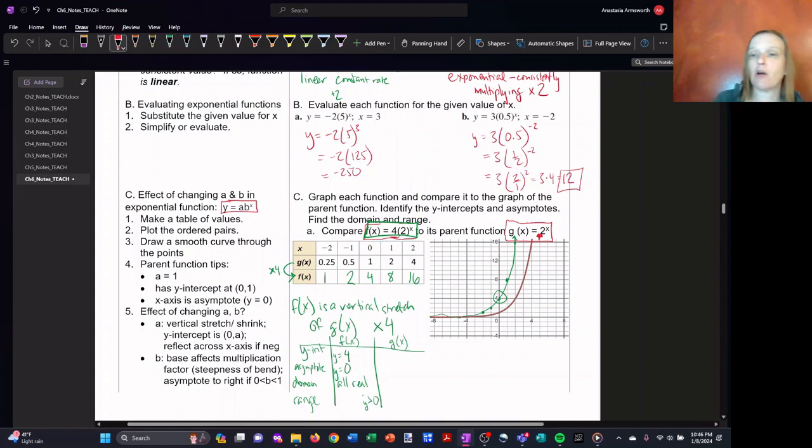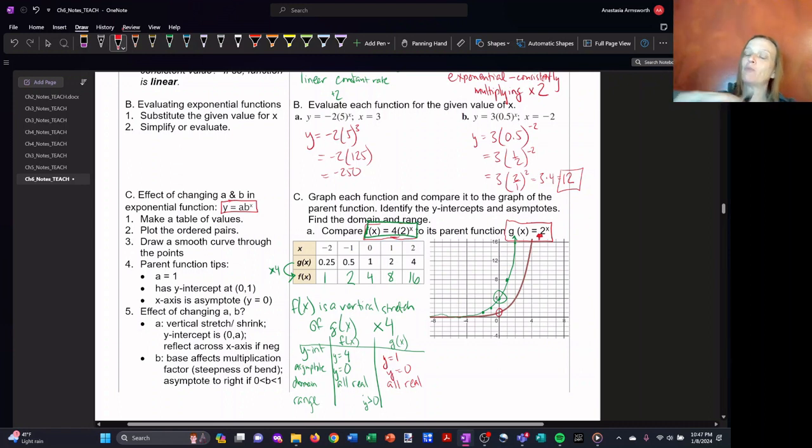On the other hand, if we look at our original parent function, our original y-intercept was at y equals 1. The asymptote here is also at 0 as you move further to the left. Both the green curve and the red curve approach 0. Just like the green graph, we have all real numbers as our possible x values in the horizontal direction.